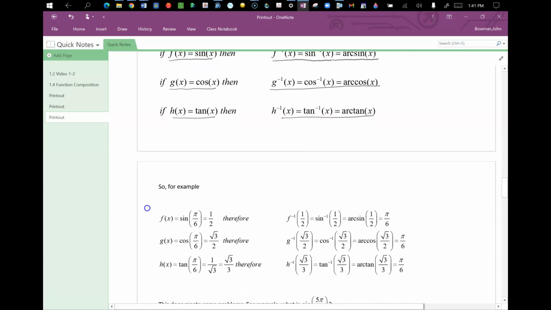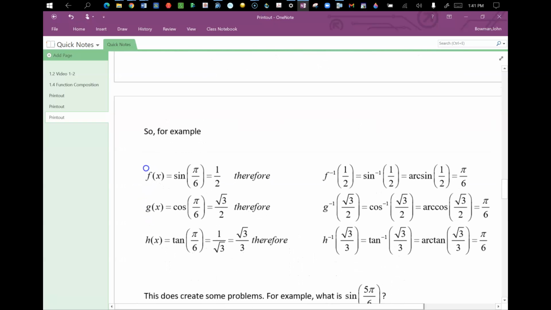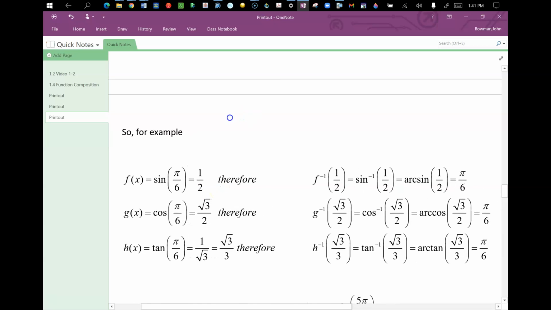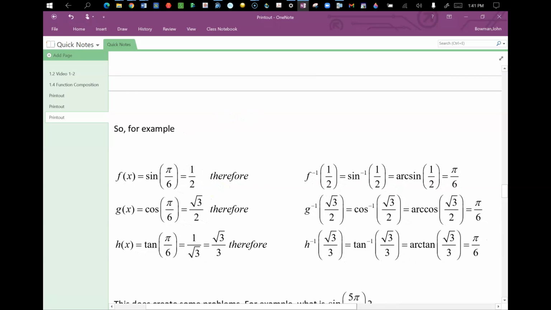As an example here, let's say we were to plug in pi over 6 to the sine function. We would get out the ratio of 1/2. That means if we were to take the inverse sine of 1/2, we would get pi over 6.